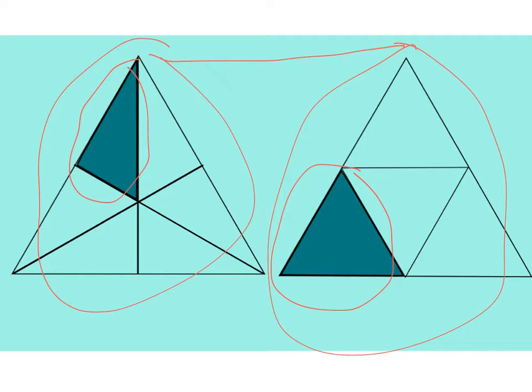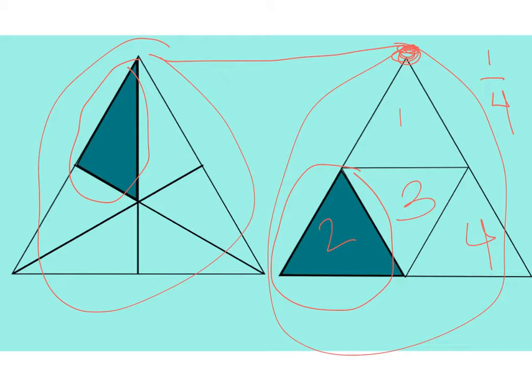And if they were the same size, we could say that they were equivalent, equal or balanced. So let's take a look. 1, 2, 3, 4. Okay, so 1 out of the 4 parts in this triangle right here is shaded.